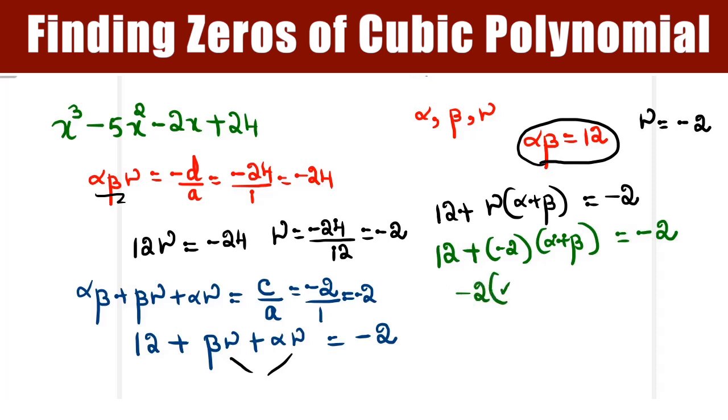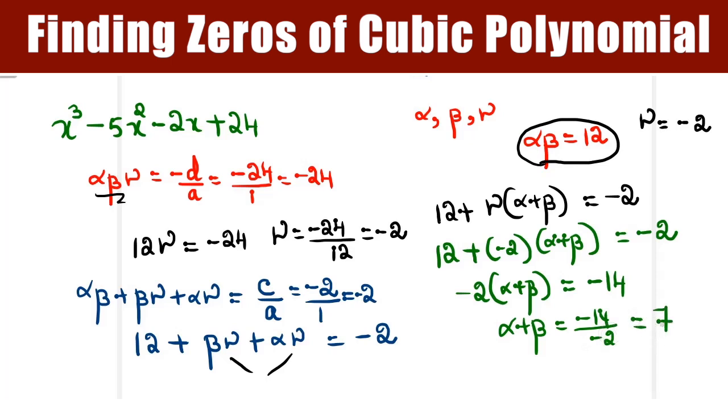So, minus 2 into alpha plus beta is minus 14, because when I take this plus 12 to that side, it becomes minus 12. So, minus 2 plus minus 12 is minus 14. This means alpha plus beta is equal to minus 14 by minus 2, which is 7.